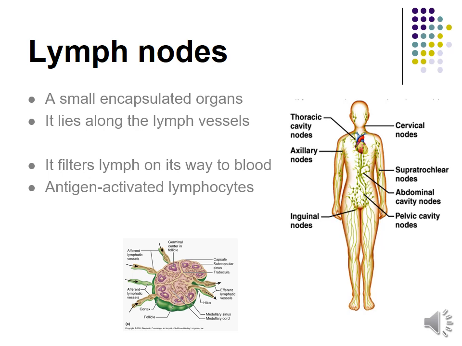As for the deep ones, we have thoracic lymph nodes, which we call mediastinal lymph nodes, abdominal lymph nodes, which include peri-aortic lymph nodes, and pelvic cavity nodes. These are the main groups of lymph nodes, but not all the groups.